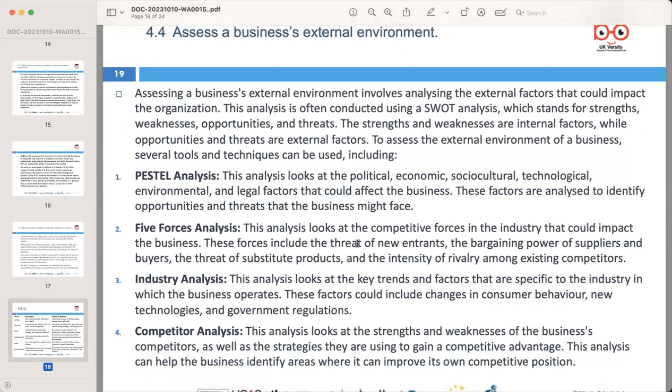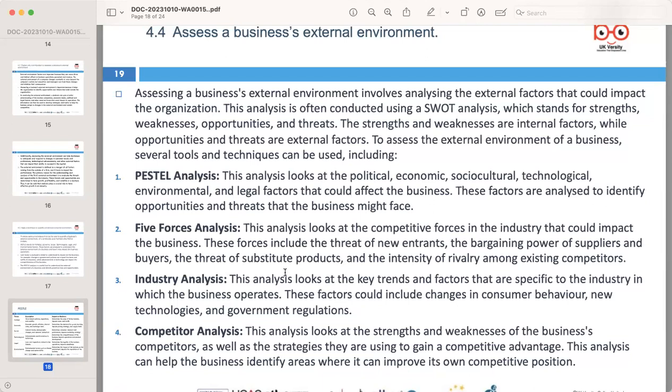So PESTEL analysis, as you know, examines political, economic, cultural, technological, environmental, and legal factors that could affect the business. The goal is to identify both opportunities and threats that the business might encounter.